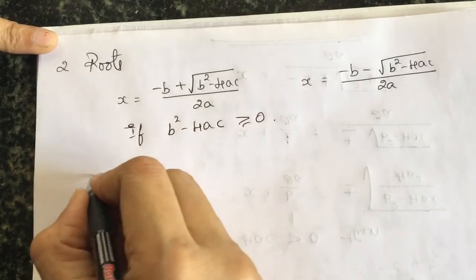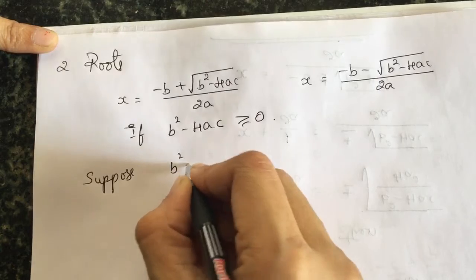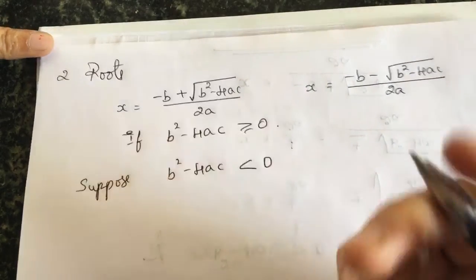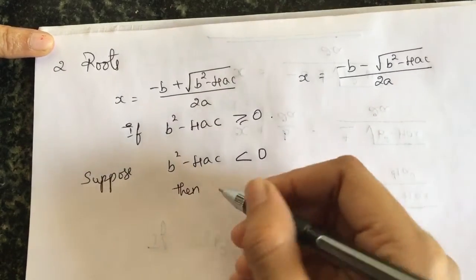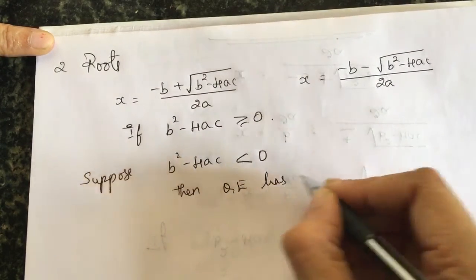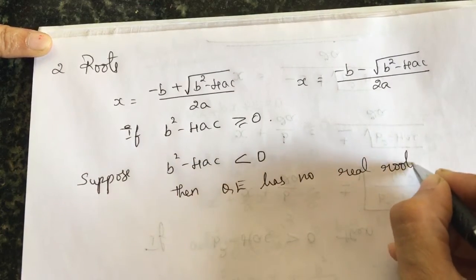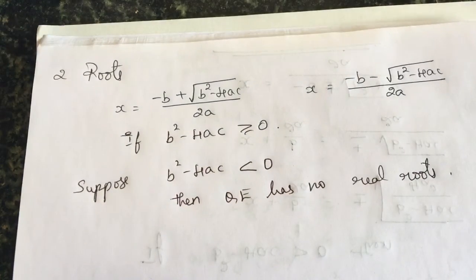Suppose b square minus 4ac is less than 0, in the sense it is negative, then the quadratic equation has no real roots. Why is it so? Let us see.